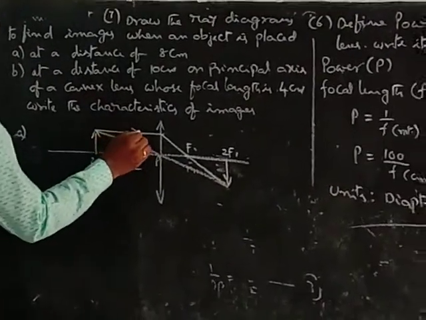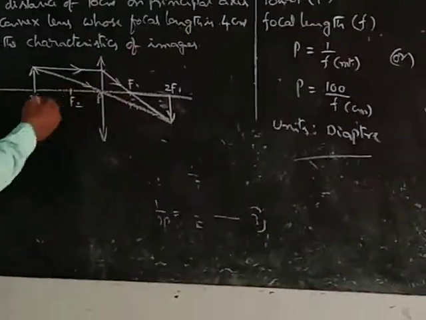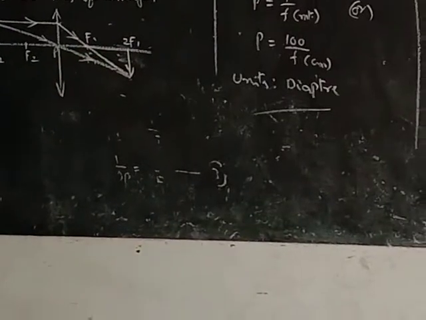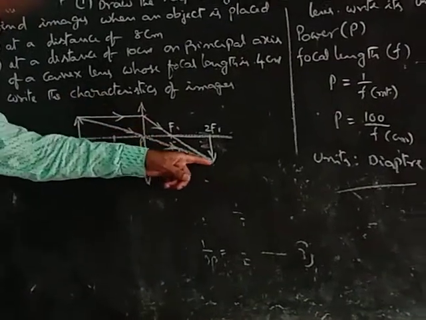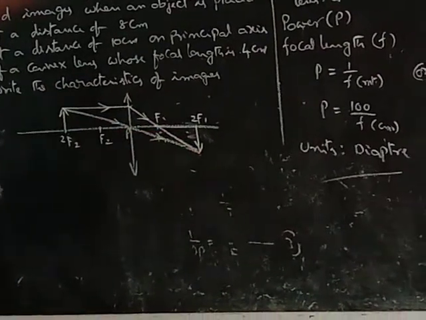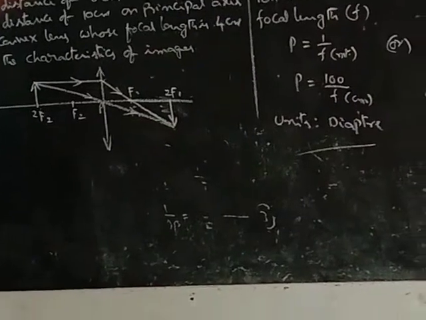Take one ray passing through the center P, another ray parallel to the principal axis. After refraction, they meet at one point. That is the image of the object.